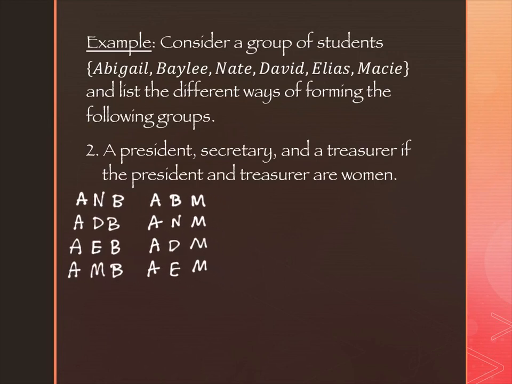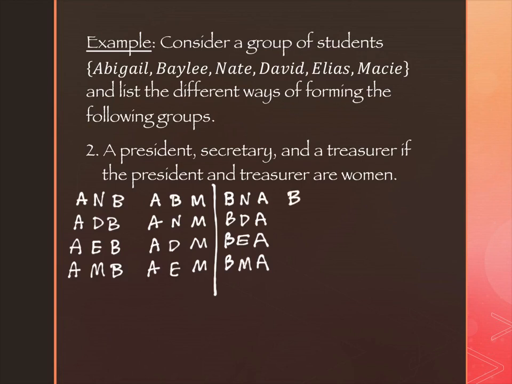So let's move on to Bailey as president. So I could have Bailey and Abigail. So it's going to look very much like that first line, just switched, right, with the Bailey and Abigail spots. And then I can put each of the different other students in between. So Nate, David, Elias, and Macy.